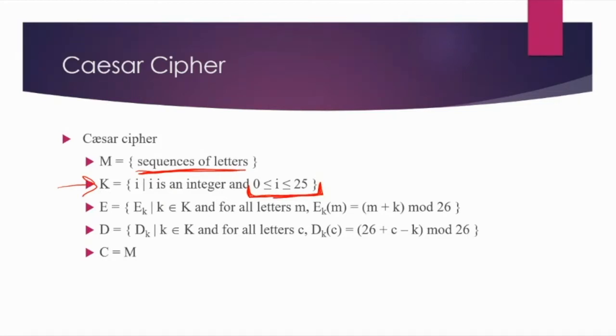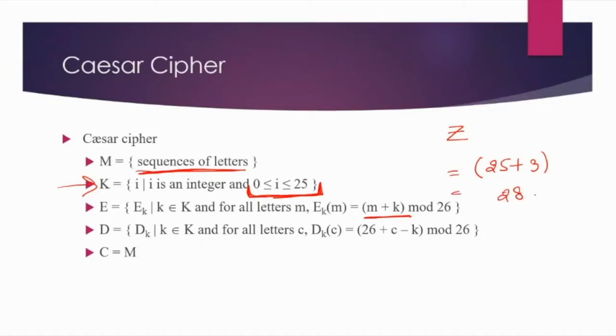What is the Caesar algorithm? In the message, you add the key, and then you take the mod. Why mod? What is the need of taking the mod? Suppose you are replacing the letter Z. Z is 25, so you add the key, that is 3, to 25, and it becomes 28.